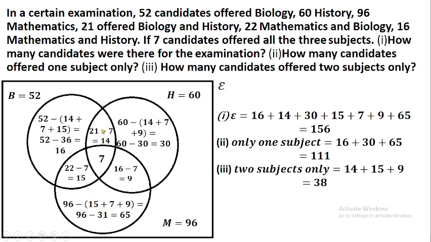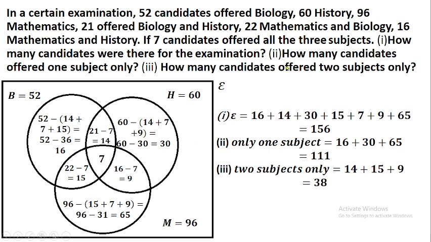That will give us 21 minus 7, which is 14. So 14 offer biology and history only. Also to get people that offer biology and mathematics only, which is this place, we are told that 22 offer mathematics and biology. So you have 22 minus 7 also. That gives us 15 that offer biology and mathematics only.